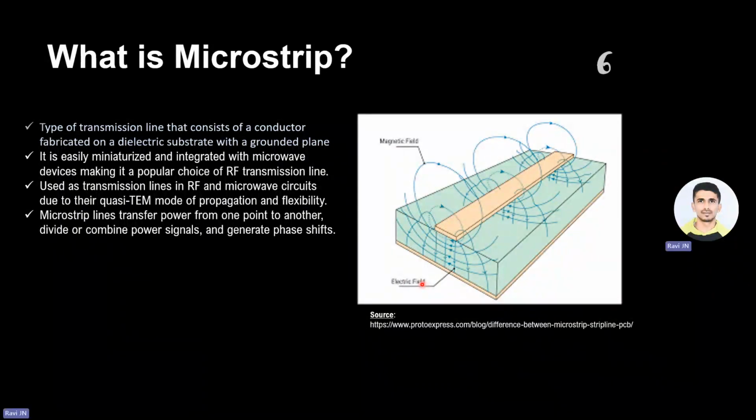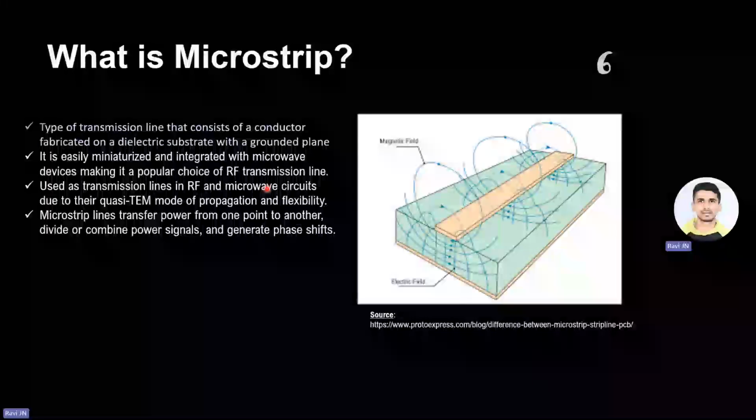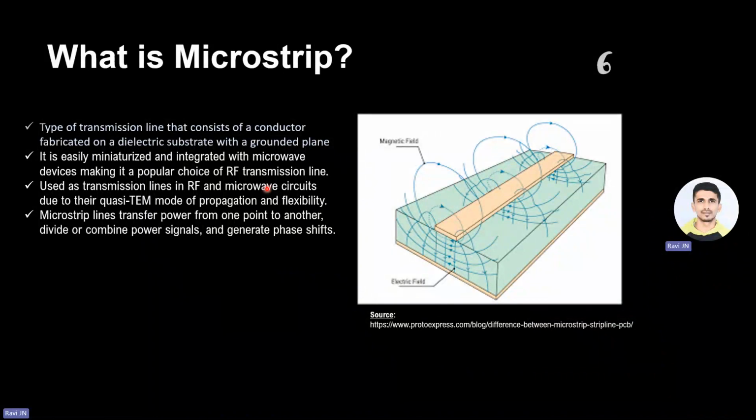That's the background on microstrip. We use microstrip as a transmission line and also as a filter. In a few slides we will discuss how we designed a bandpass filter using microstrip.